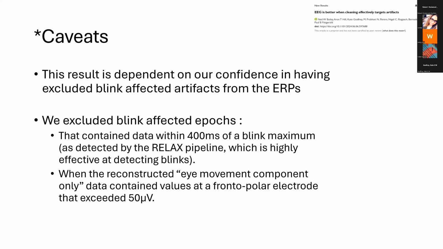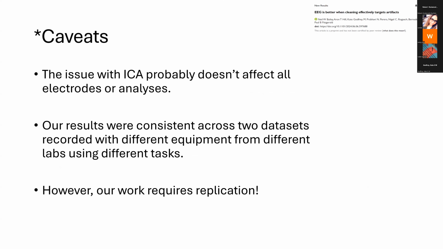But I would very much like to see whether this result replicates independently. I'd also note that the issue with ICA and its imperfect decomposition probably doesn't affect all electrodes or analyses. So we want to be very robust in our analyses because we include all electrodes in our analyses.